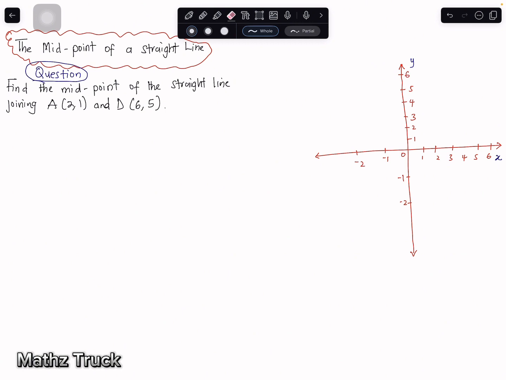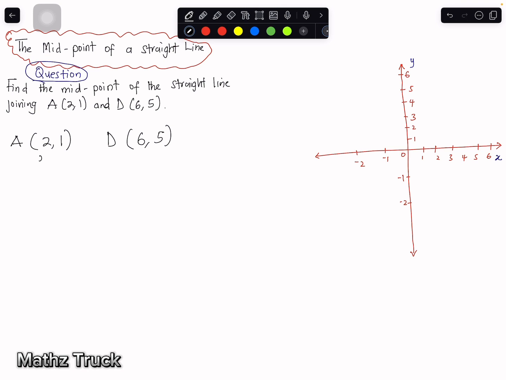Now, this is not always important, but you can present the question in the form of a graph for you to understand exactly what you have to do. So we will select a different color to present it. We have point A, which has coordinate (2, 1), and point D, which has coordinate (6, 5).